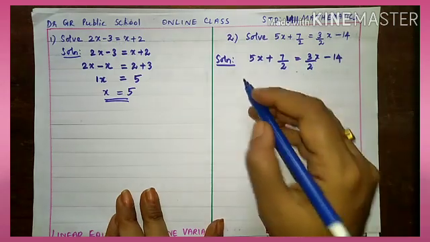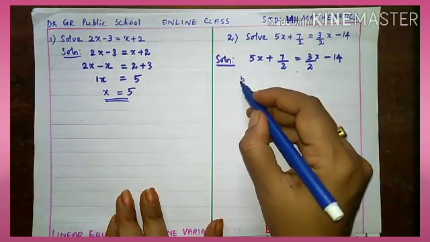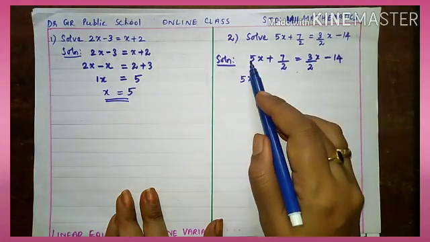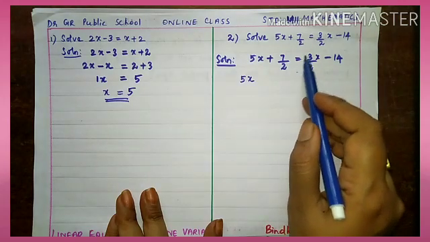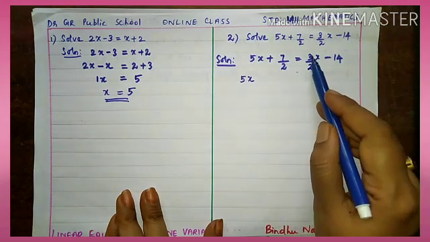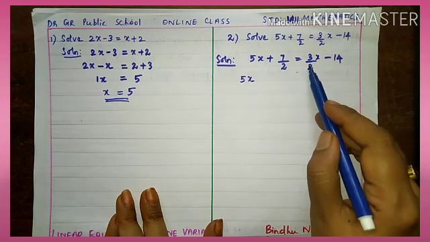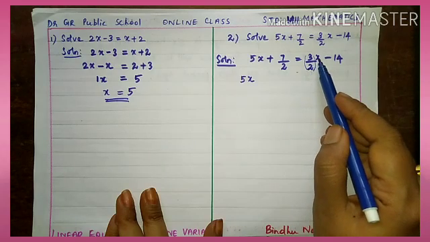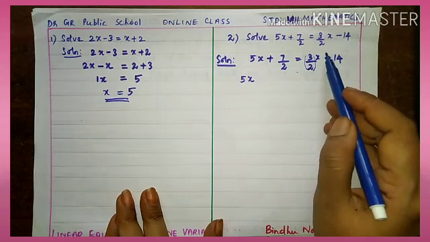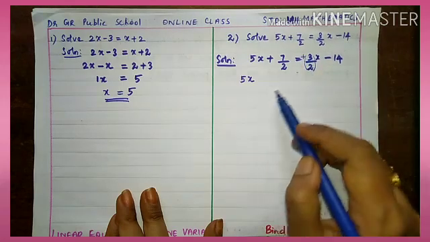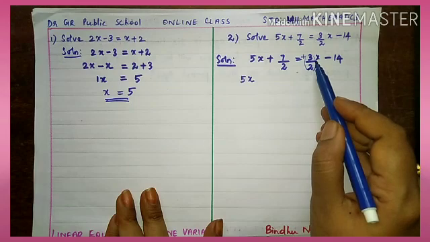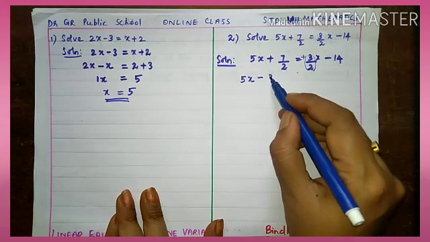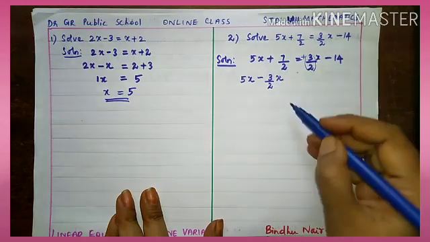So the next step is 5x. When this 3 by 2x is transposed to the LHS, what happens to the sign? 3 by 2 is the coefficient of x, and this is a positive fraction. So when it is taken to the LHS, it becomes minus 3 by 2x.